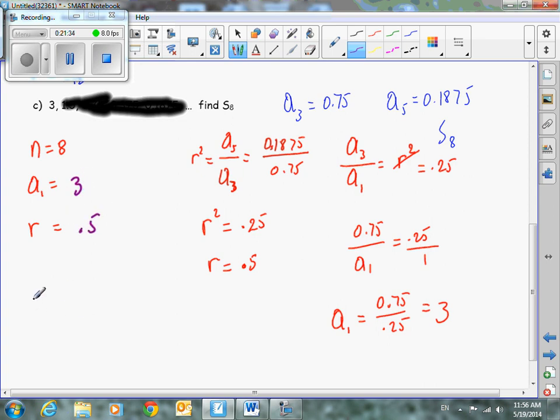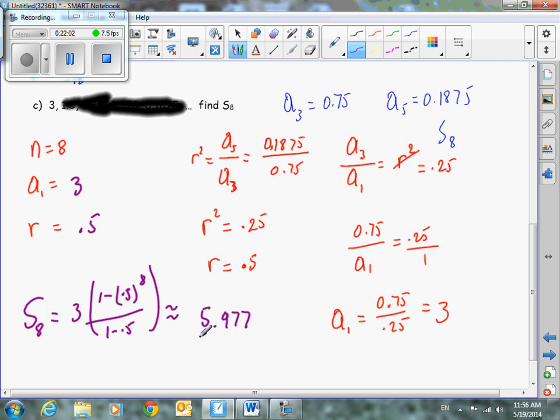Now we look for S8, which is equal to A1, 3, times 1 minus R, which is 0.5, to the power of 8 over 1 minus 0.5. And you will use your calculator to find the approximate value of this. And what is it? 5.977. Is it equal or approximate? Good.